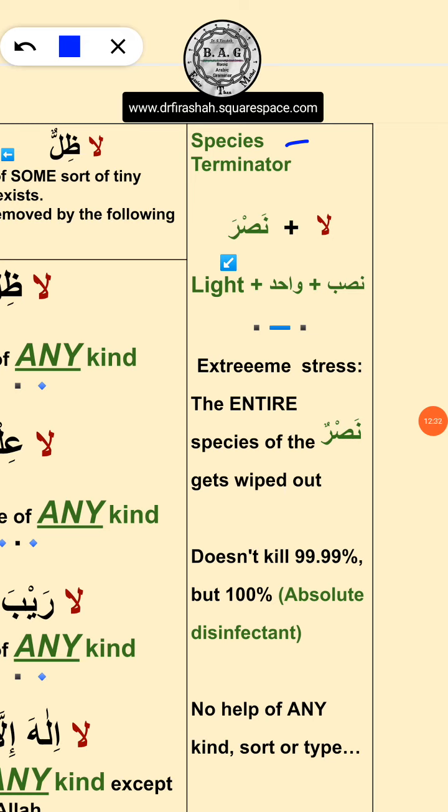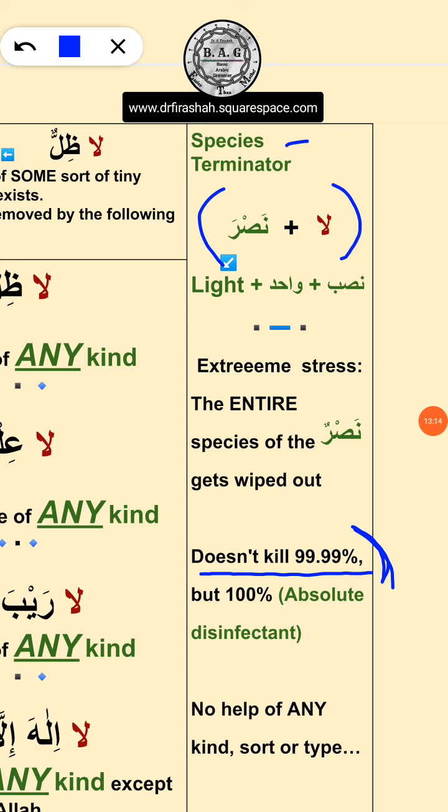However, you could remember it with this: there are some disinfectants that kill 99.99999% of germs, but they do not kill 100%. The formation of la nasrun or la khawfun refers to this scenario. But if you're using the formation that we are about to discuss, it would be an absolute disinfectant, because it is going to kill 100% of the thing in question.